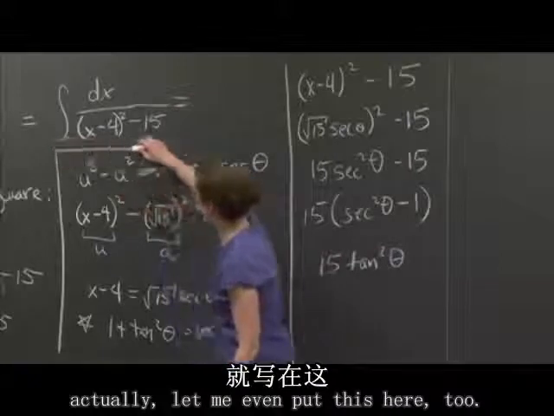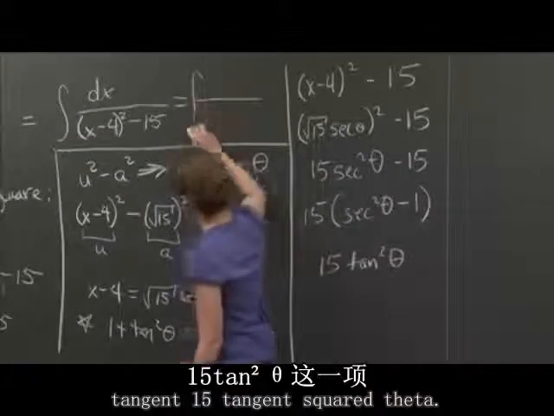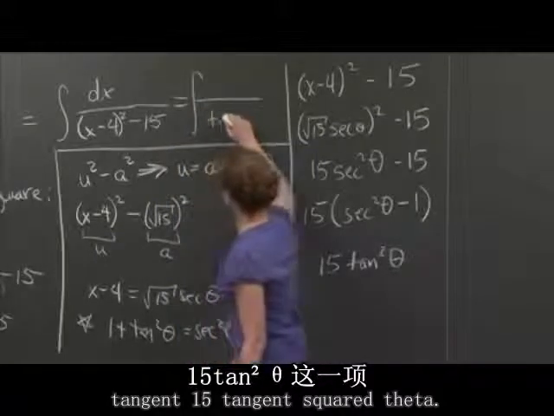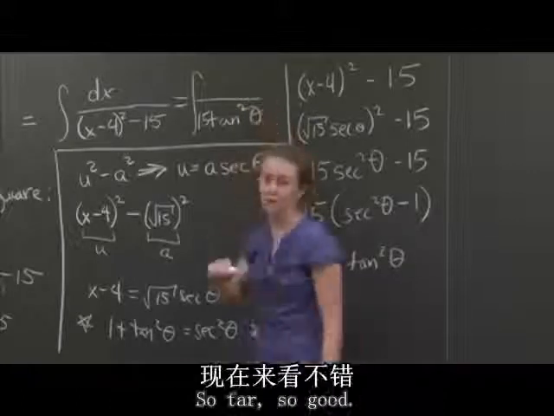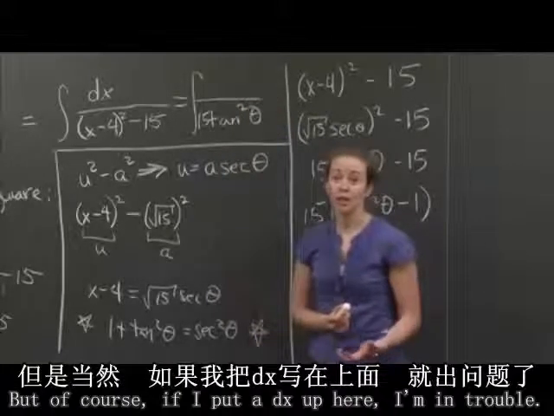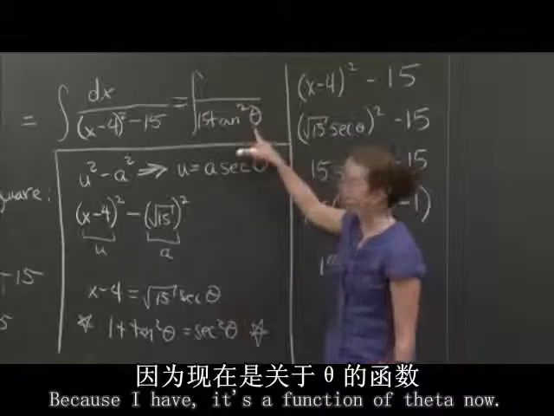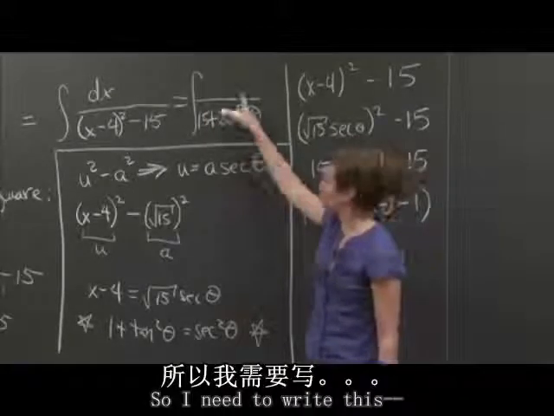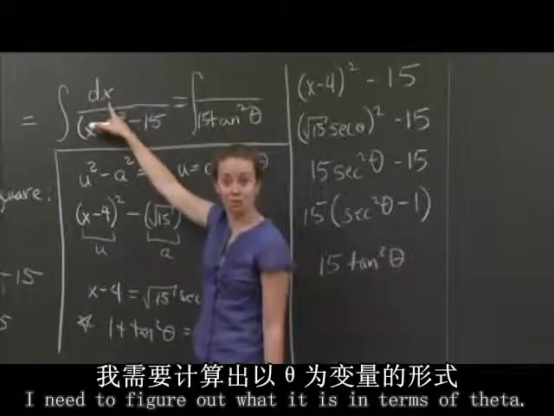Actually, let me even put this here too. So right now our denominator is 15 tangent squared theta. So far so good. But of course, if I put a dx up here, I'm in trouble, because it's a function of x and not of theta. I need to figure out what it is in terms of theta.